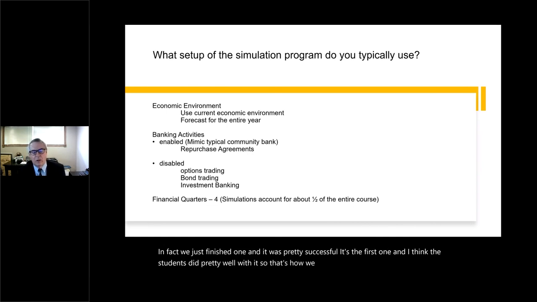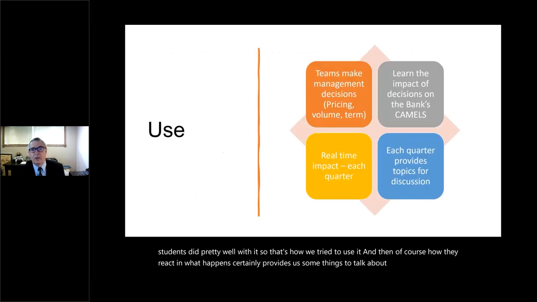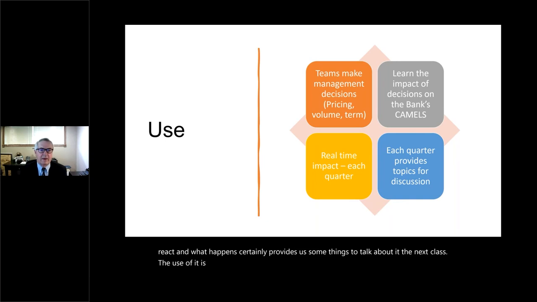And then, of course, how they react and what happens certainly provides some things to talk about at the next class. The use of it is we like the teams. They make the decisions: the pricing, volume, terms. The students learn the impact of their decisions on the bank's CAMELS.